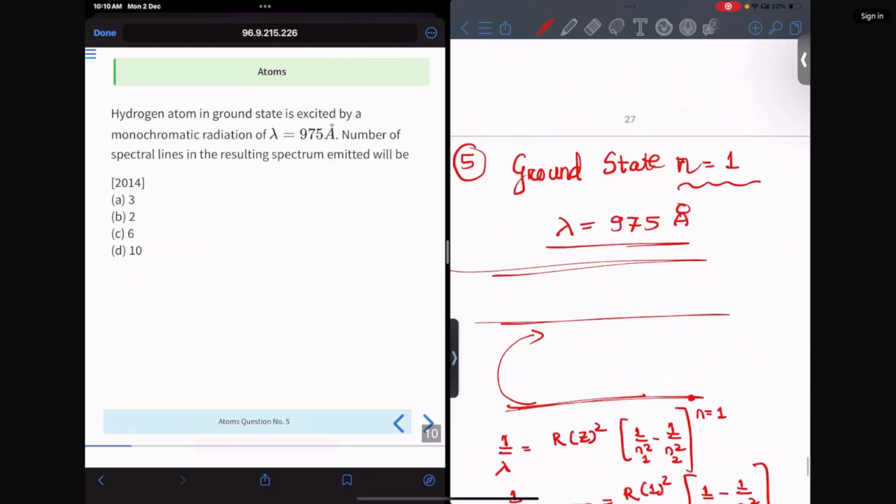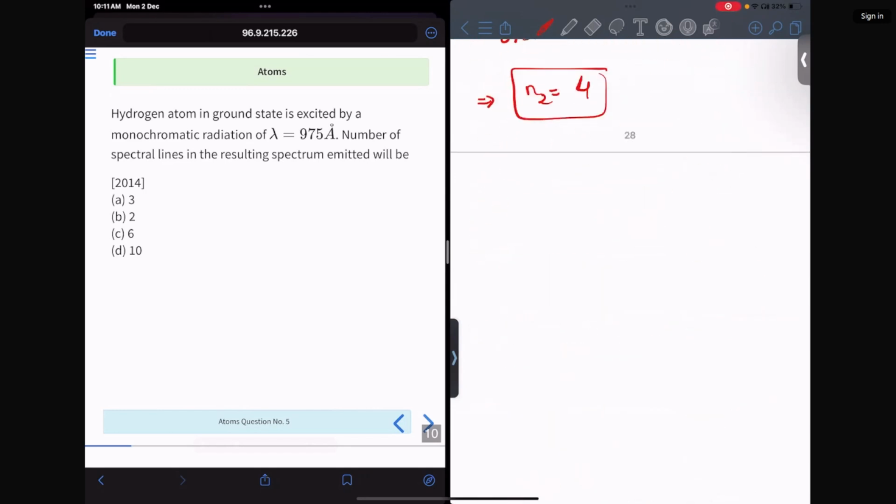So what is happening here? The electron present in the first shell, n equal to 1, when radiation of wavelength 975 angstrom is given, moves from shell number 1 to shell number 4 because of the energy absorbed. They are asking the number of spectral lines in the resulting spectrum.